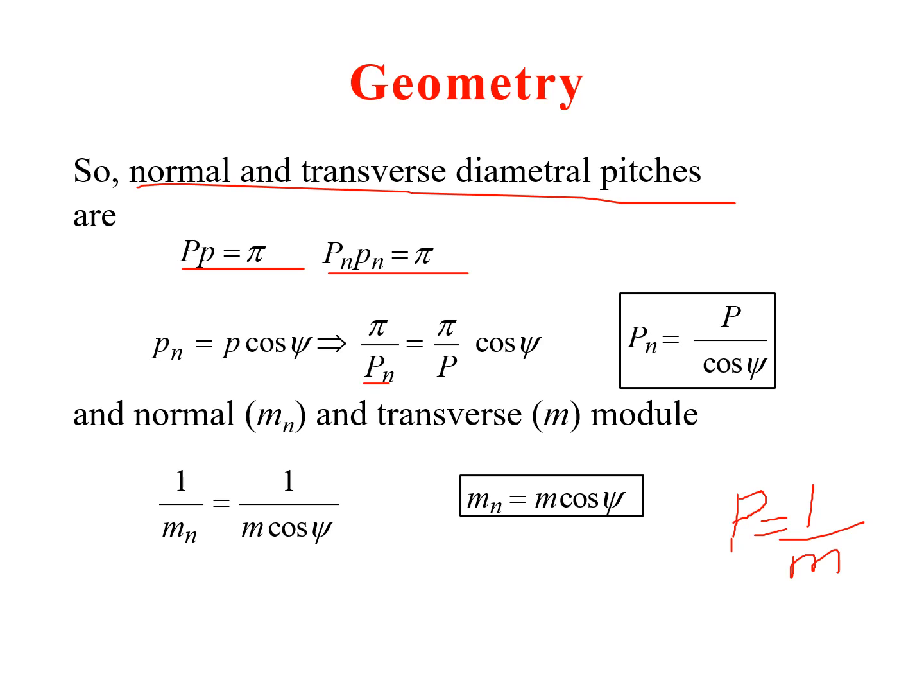This P is your transverse diametral pitch, and Pn will be the normal diametral pitch. So capital Pn can be written as 1 upon Mn equals, now this P can be written as 1 by M, and cos psi as it is. So the relation you get is Mn is equal to M cos psi. This is nothing but the relation between the module in the two planes, that is normal and transverse.